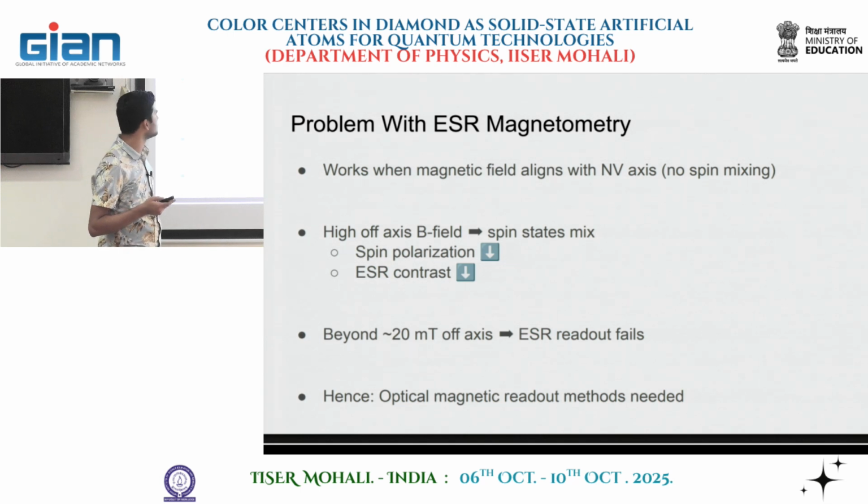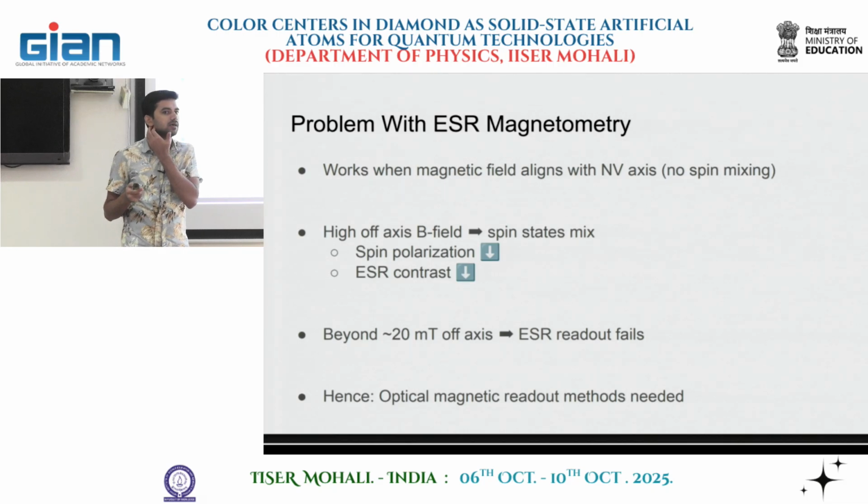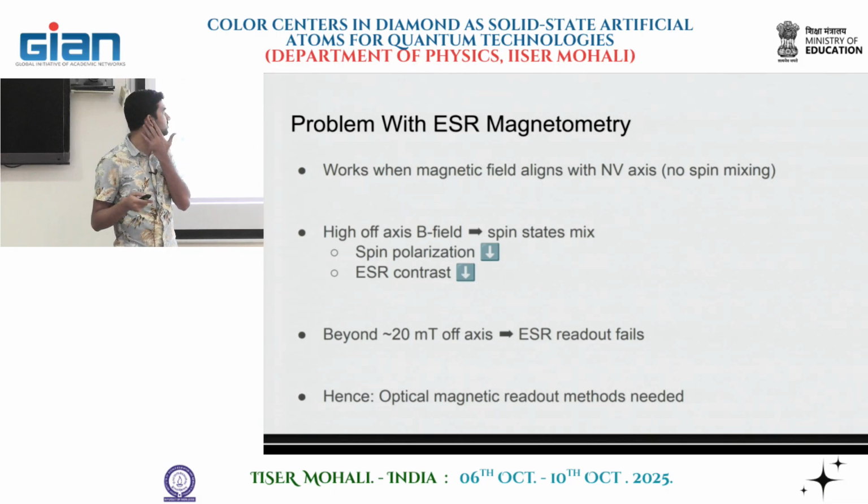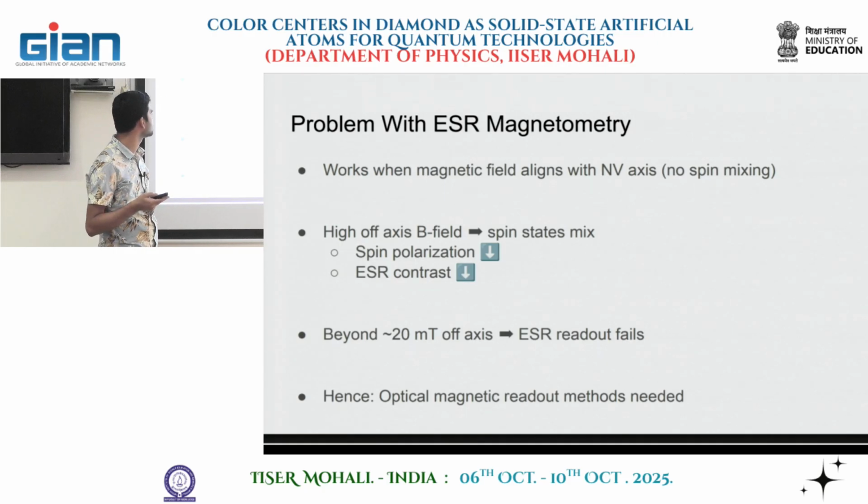The reason is that the spin states mix. Basically, you have different components in the perpendicular direction, which add to the Hamiltonian, and then it creates different problems.